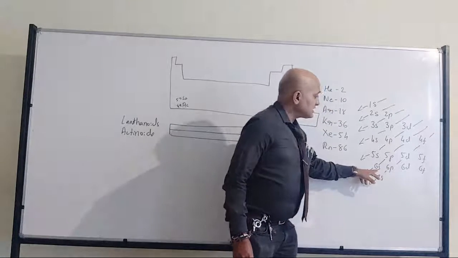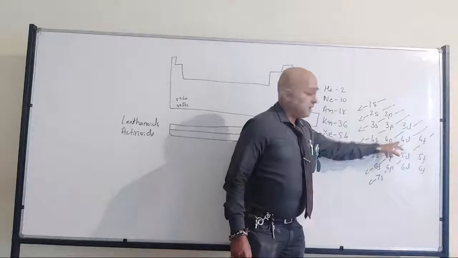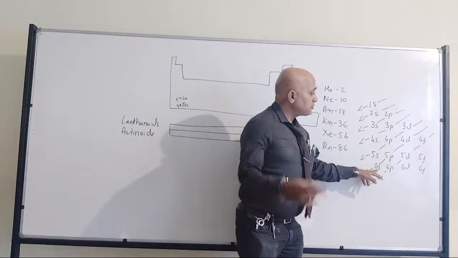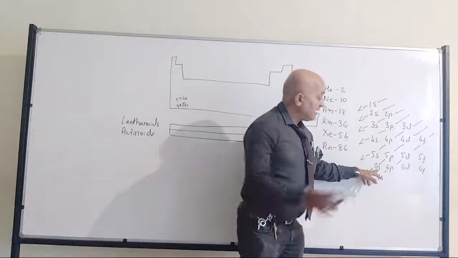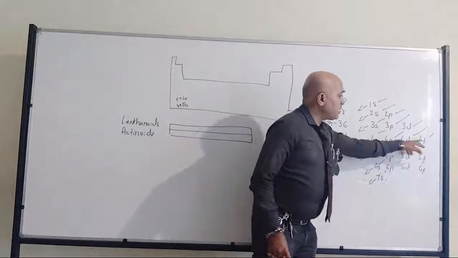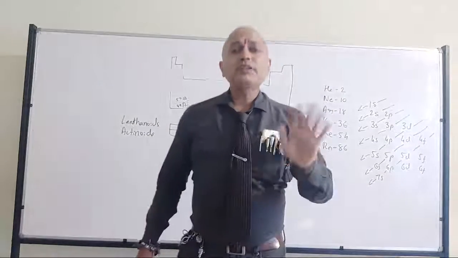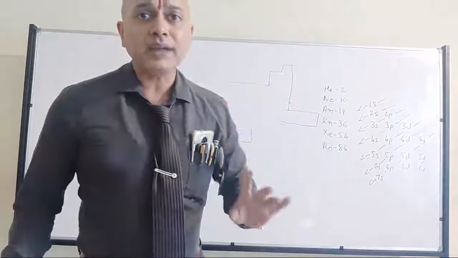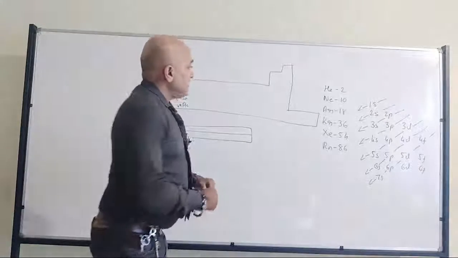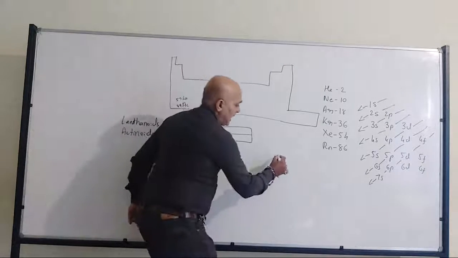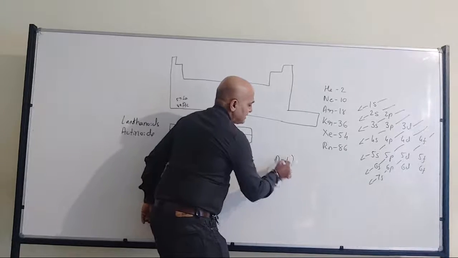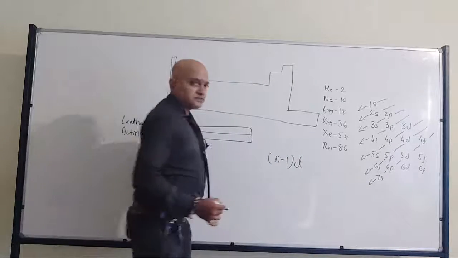Same logic, 6S, 4D got filled up, but when I am talking about 6, it should have been 5D, n minus 1. But 5D comes after 4F. So don't get confused. If you are not understanding, I am ready to explain. Now when I am talking about D, we have the n minus 1 D formula.